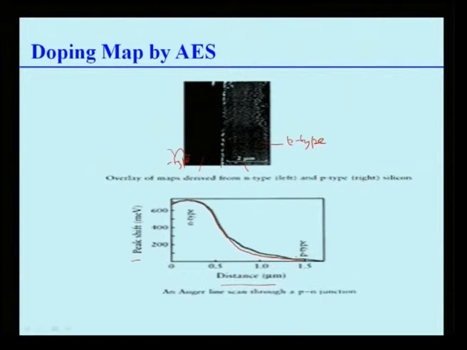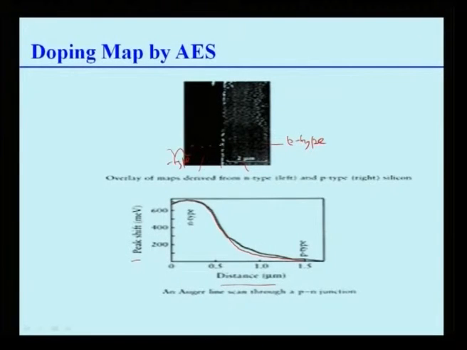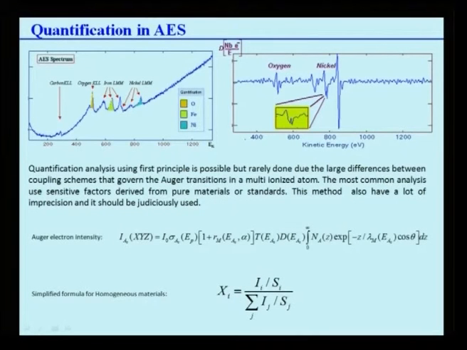So one can actually get an idea of the continuous change in the doping characteristics as a function of distance by taking XPS spectra at different points on the sample surface like this. This is possible. There are major applications.